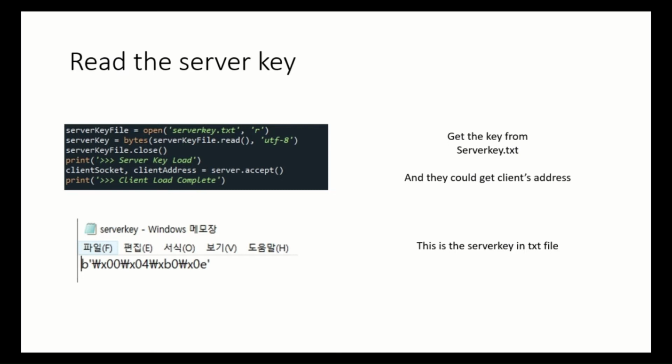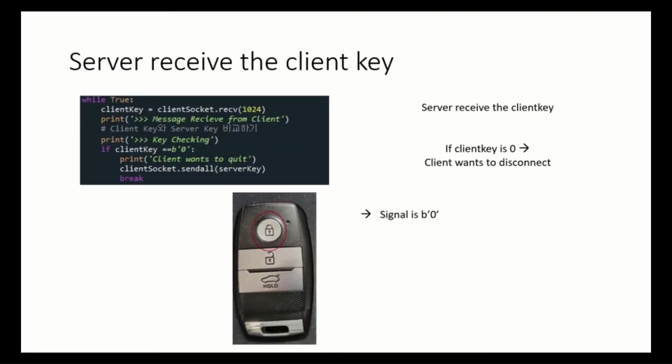The reason is the same as the client key. And the server receives the key that the client sent. In this code, 0 means the client wants to disconnect. It is similar to pushing the lock button on the car key, and its signal is 0.